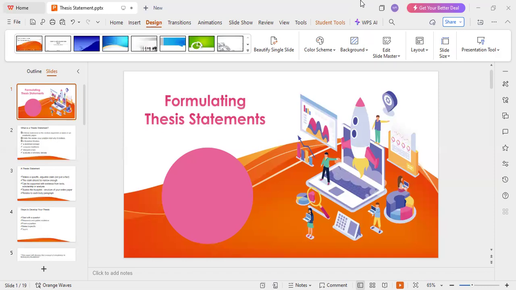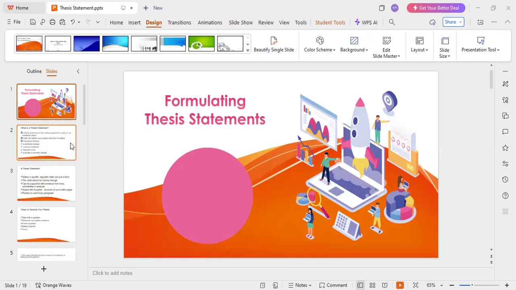Usually abstracts don't have a paragraph division; that would be just one single paragraph. And when you are writing a journal article or a critical essay, these consist of several paragraphs. For all of these, whether it is an abstract or an essay, you need thesis statements.